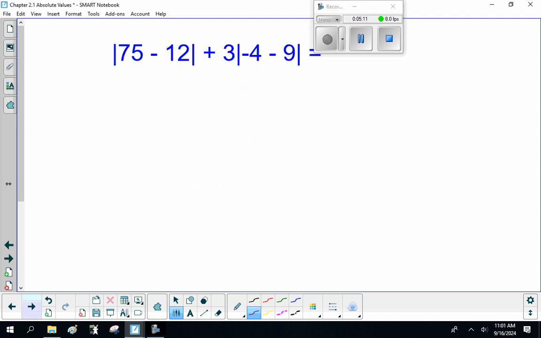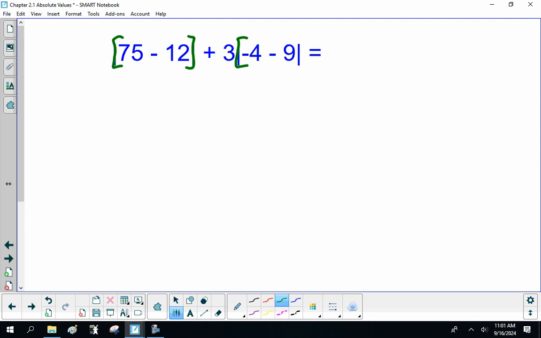Now, the next set. Where do the absolute value brackets begin and end? Some people go, okay, this is the start of the absolute value bracket, and this is the end. I don't encourage you to do this, but if it helps you, go for it. Working on this one, the absolute value of 75 minus 12, that's the absolute value of 63, plus 3 times the absolute value of minus 4 minus 9, that's minus 13.